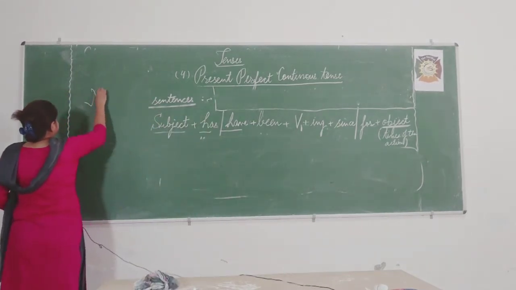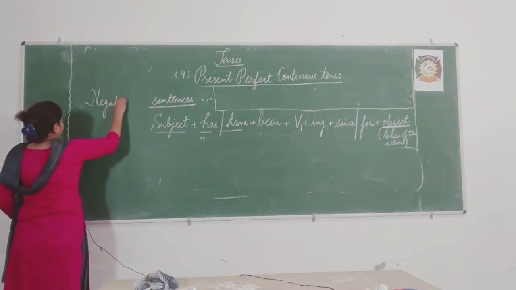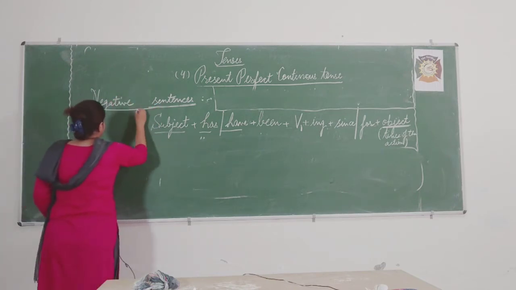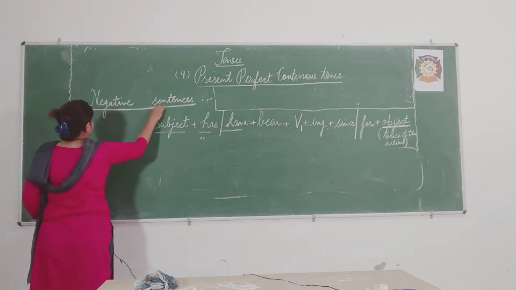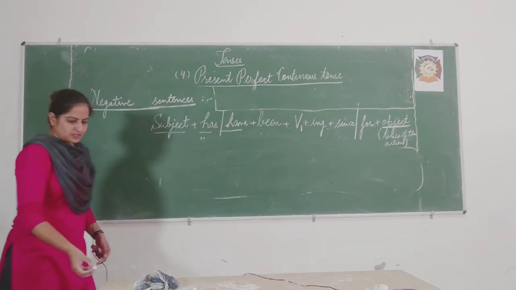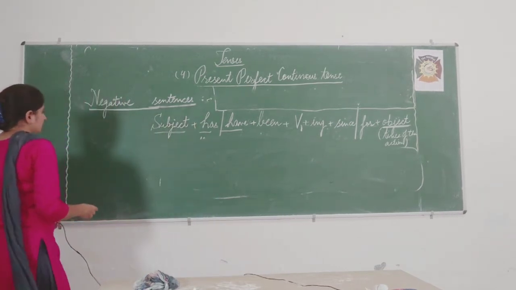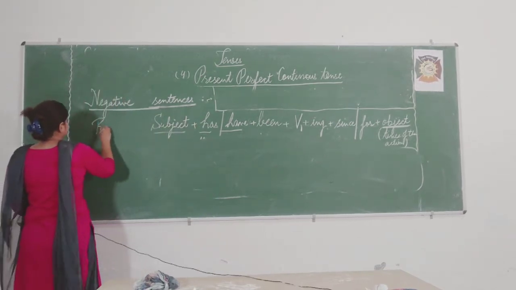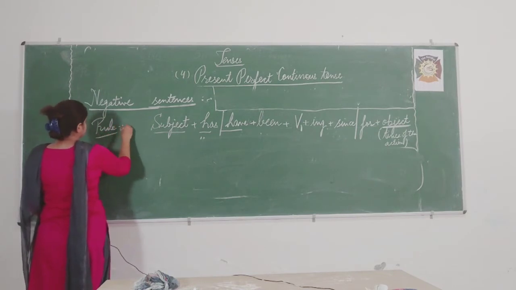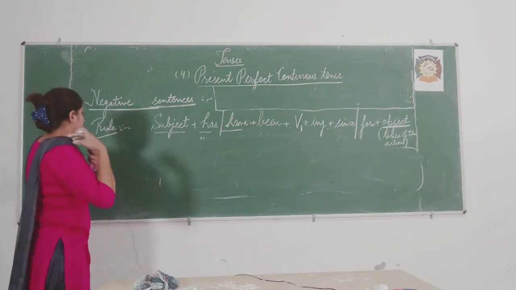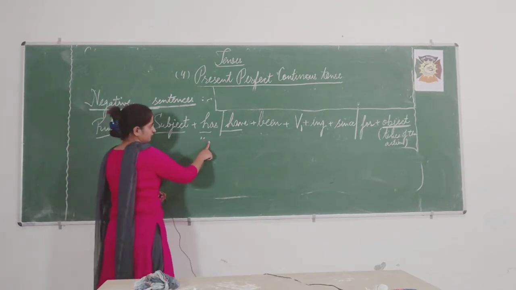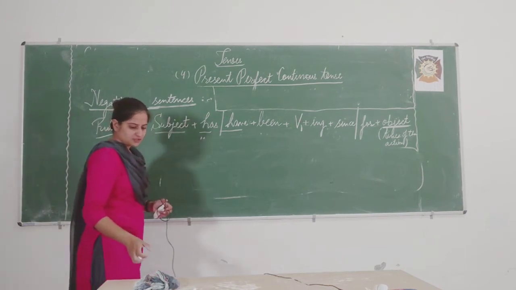Negative, as the name suggests, it denotes negation. So rules of formulating, what is the sentence structure? Subject, has or have, it will remain as it is. Where do we use not?